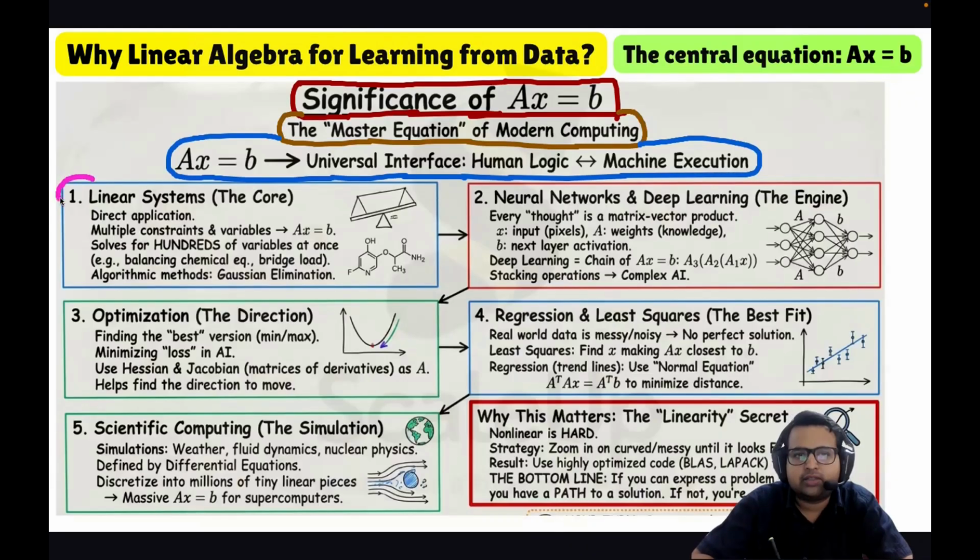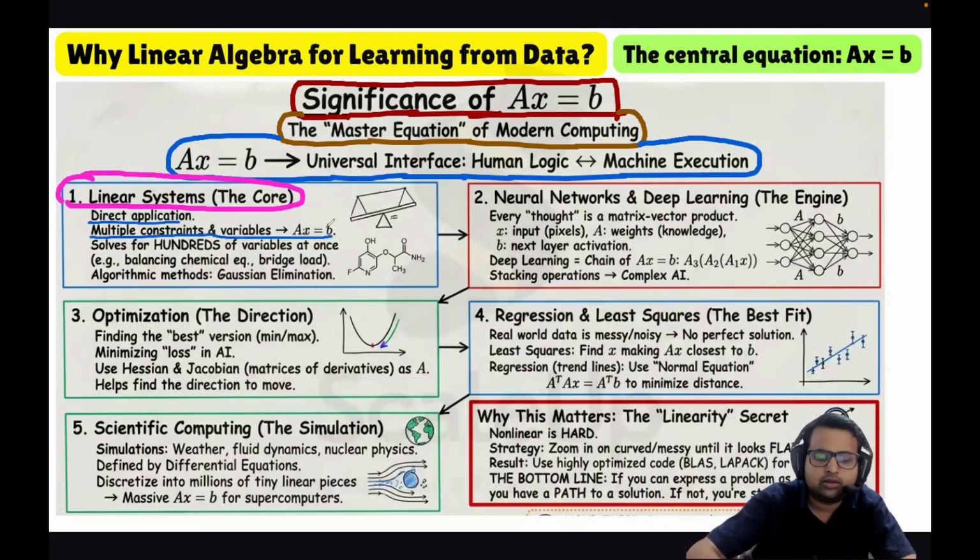In linear systems, this equation is the core. It is the most direct application in linear systems. Any problem where you have multiple constraints and multiple variables can be written in the form of AX equals B. The significance is that this equation allows us to solve for hundreds of variables at once, because in this equation, X is not just one variable, but a vector.